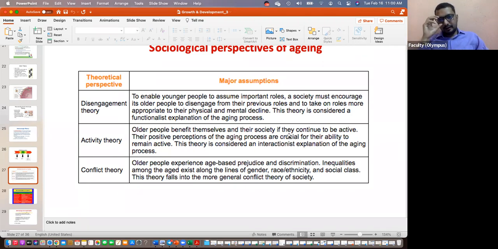This is called the interactionist version of aging. The previous one is considered to be the functionalist explanation of aging. This is the interactionist explanation of aging. They continue to contribute to the society through active participation.